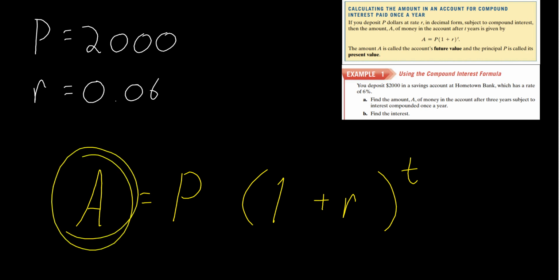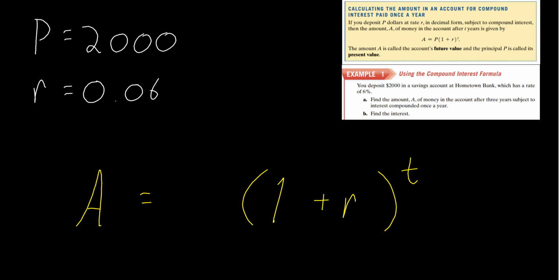So we're trying to find this. That's going to be pretty easy. We don't have to do any sort of rearranging. All right. Well, if we fill in the blanks here, P we said was $2,000. Our rate was 0.06, and this kind of ties into an earlier question, and I'll touch on that in a moment as well. 0.06.